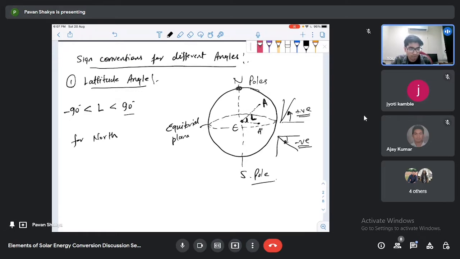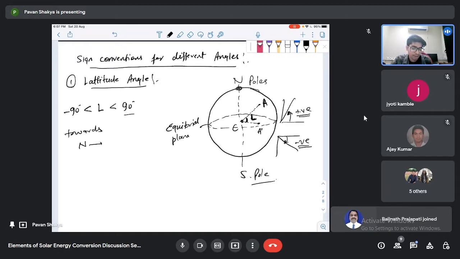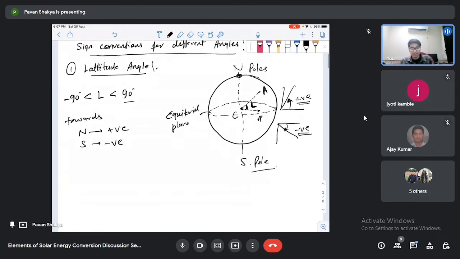So towards the north direction it is positive, whereas towards south we take it as negative.